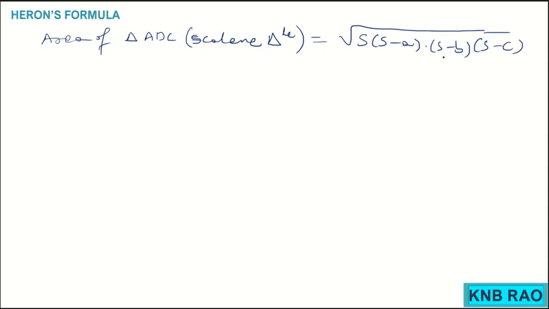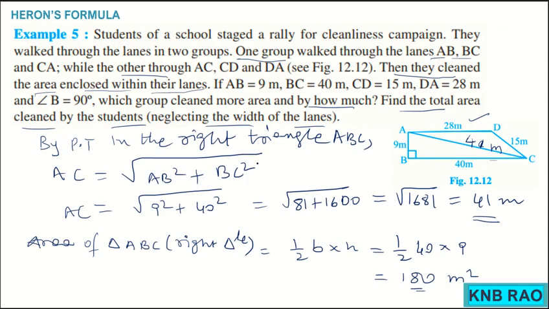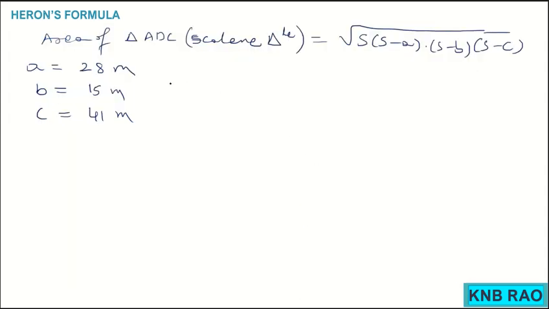So using the length of all three sides, 28 meter, 15 meter and 41 meter, which we found newly, I will find the semi perimeter.